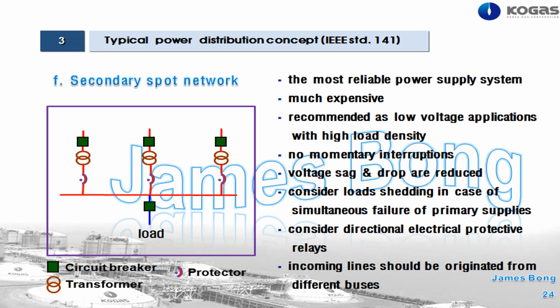In this system, electric engineers should consider load shedding in case of a simultaneous failure of primary supplies. I understand there are excellent, reliable electric devices for load shedding already. For more efficiency and effectiveness, incoming lines originating from different buses are much better than the same bus.